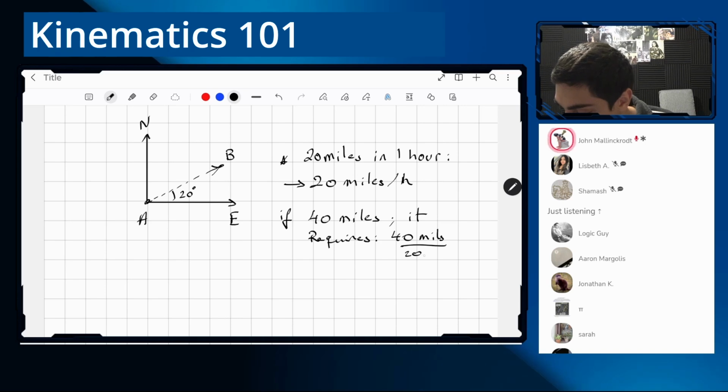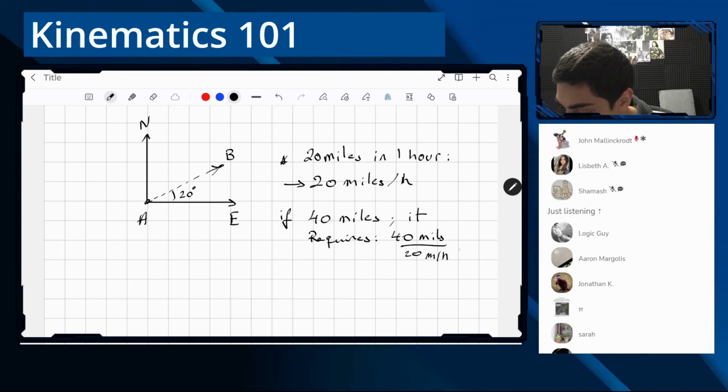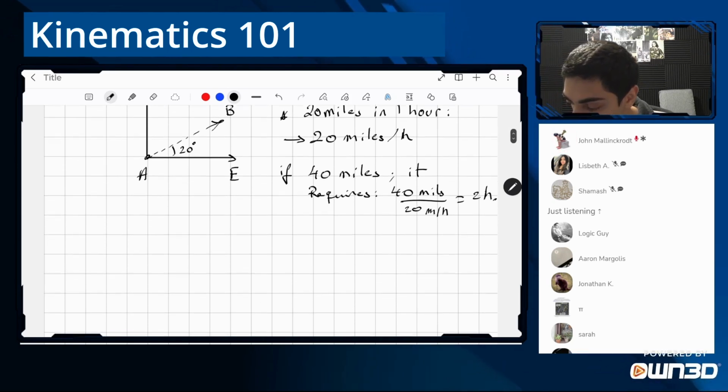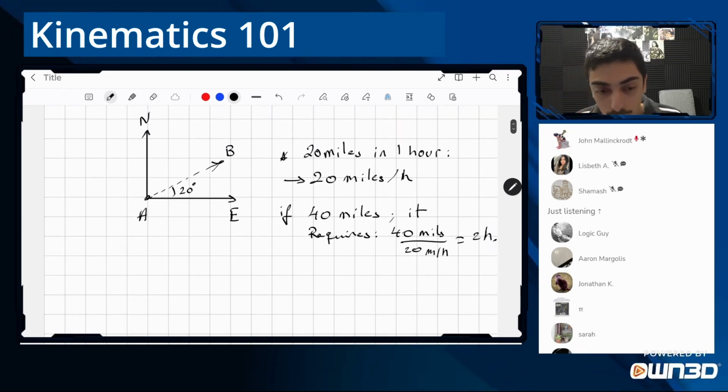And this is pretty typical, right? Have to travel faster on average. The actual speed that you were traveling was more than your average velocity.